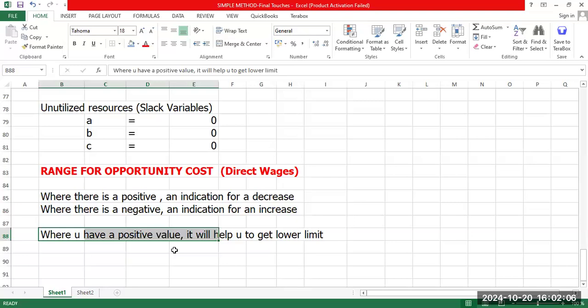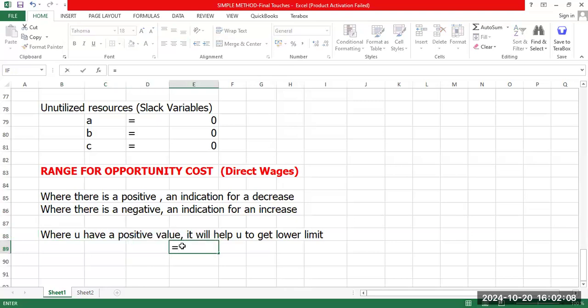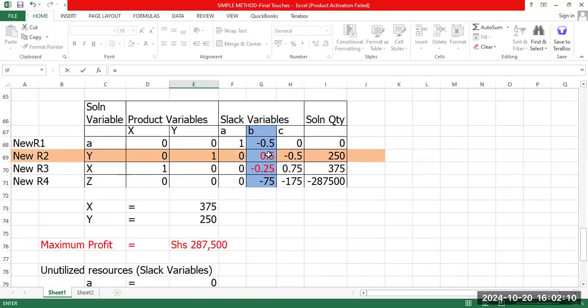Okay, here, this is our positive value. You stand here, where you have 0.5 as a positive. Let me hope you're hearing me. Where you have 0.5 on solution quantity, which value is there?